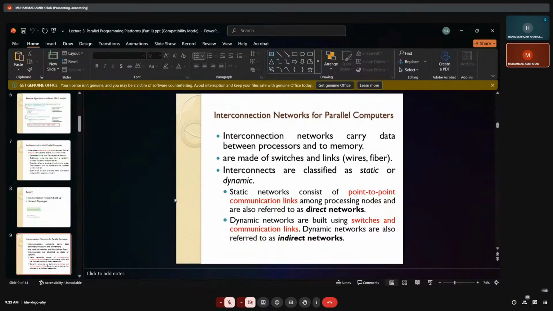A static network consists of point-to-point communication links among processing nodes, which we call a direct network. Dynamic networks are built using switches and communication links, and a dynamic network is also referred to as an indirect network. We'll see this in the diagram next.